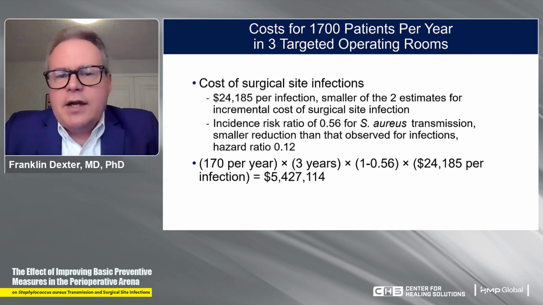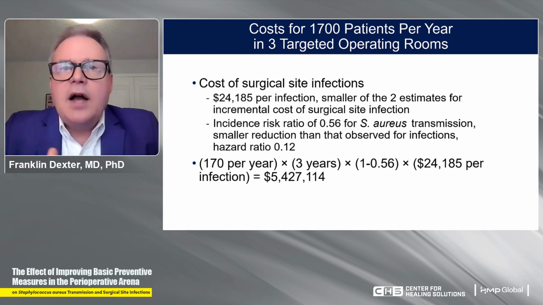Now, at the start of the lecture, there were 2 different costs of infection. What I want to do is deliberately bias the results to be not cost saving. So we're going to use the smaller of the estimates of the saving, deliberately, to be conservative. We're reducing surgical site infections, right?